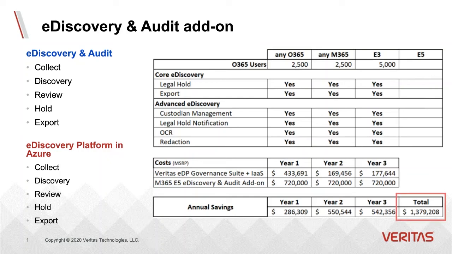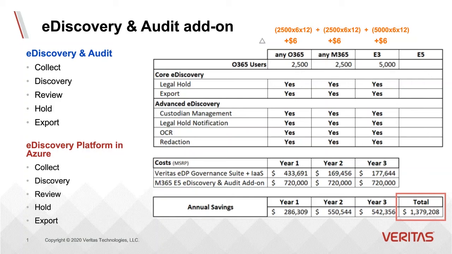This may look funny at first, and you may not understand the math at first, but I'll quickly show some other numbers here at the top to help bring that home. You can see the delta here. If you're going to add on this eDiscovery and Audit add-on, it's only $6 a user per month. Okay, how bad could that be? So if we look at that, that's 2,500 users times $6 times 12 for these two, and then 5,000 times 6 times 12.